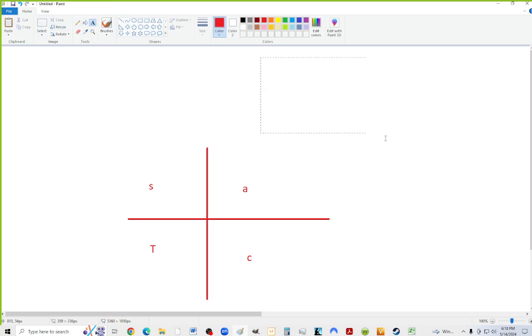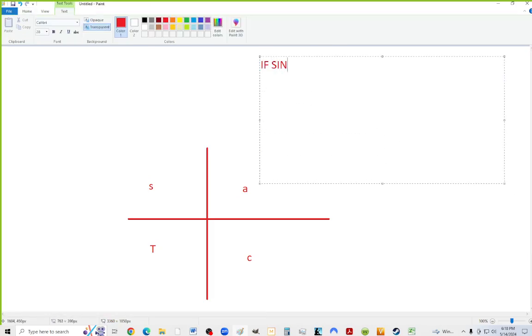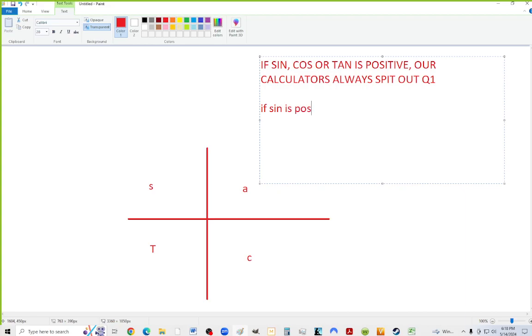Here's how our calculators work. If sine, cos, or tan is positive, our calculators always spit out quadrant 1, because that's the first time they're all positive. If sine is positive, the other quadrant is quadrant 2.